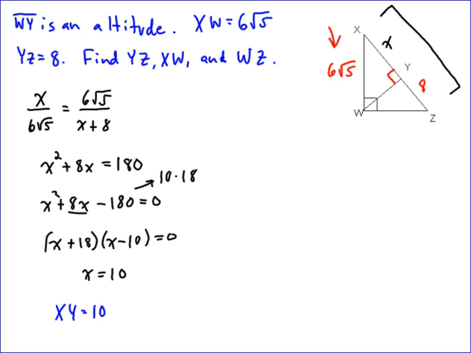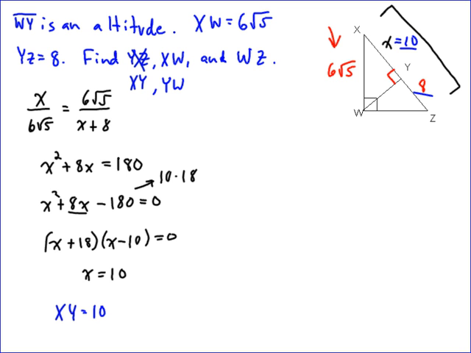Now that we know that XY is 10, we can call this 10. Now finding YW is easy, because YW is just the geometric mean of XY and YZ. It should be XY and YW here, and then for WZ.